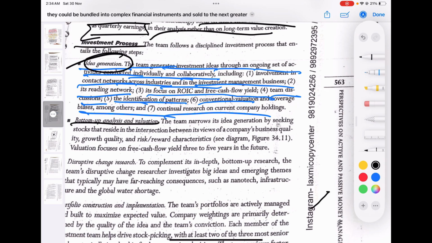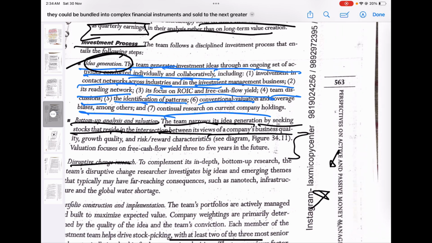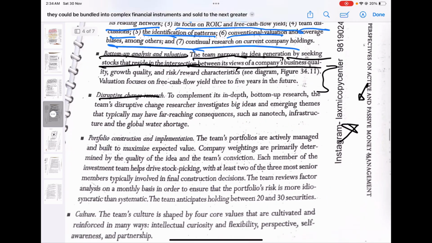And then we have bottom up analysis. You know what bottom up and top down analysis is. We have also discussed the difference between both of them. The team narrows its idea generation by seeking stocks that reside in the intersection of whatever the company basically wants. And then we have disruptive change research. Now, what exactly is disruptive change research?